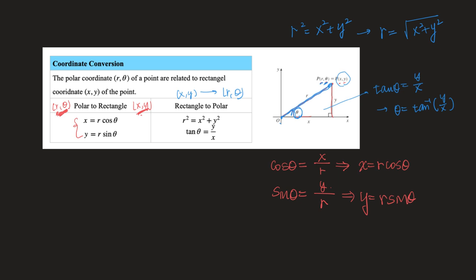I didn't put the positive or negative. When you convert from rectangular to polar coordinates, we assume r is positive and theta is between 0 and 2 pi, so we find only one notation for this.